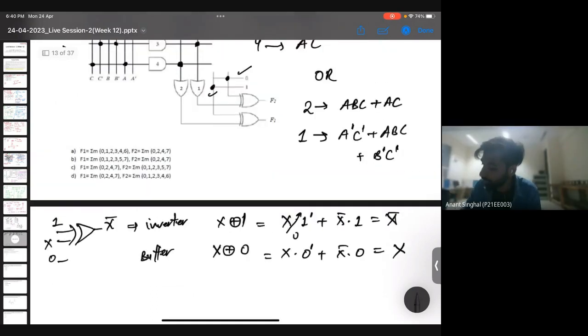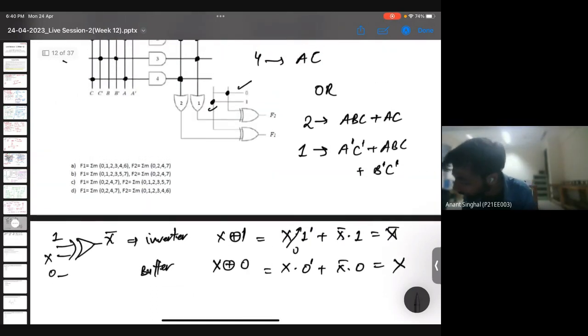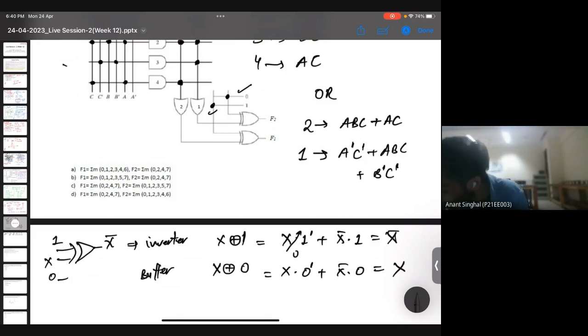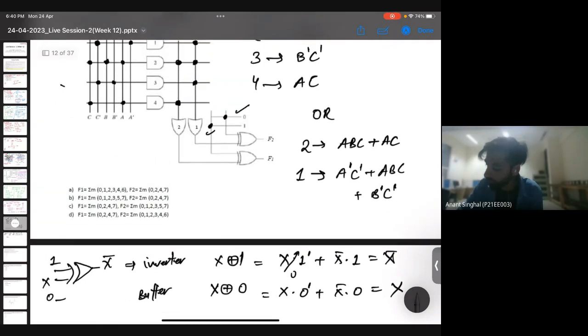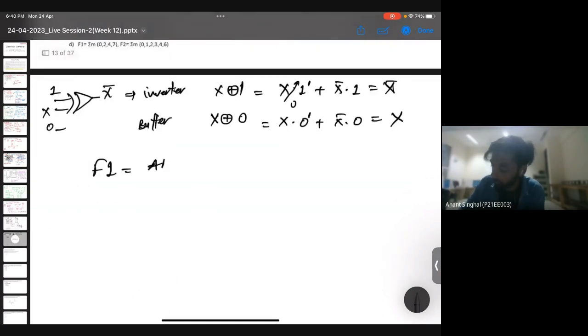So the X bar is coming from which? Yeah, F1. So F1 will be nothing but this term bar, which is coming from the first. This is F1. So F1 will be ABC plus AC whole bar.